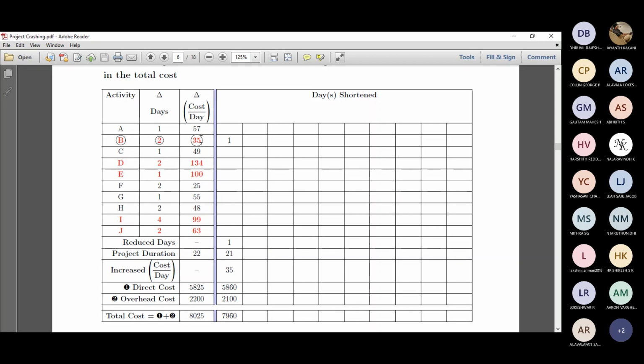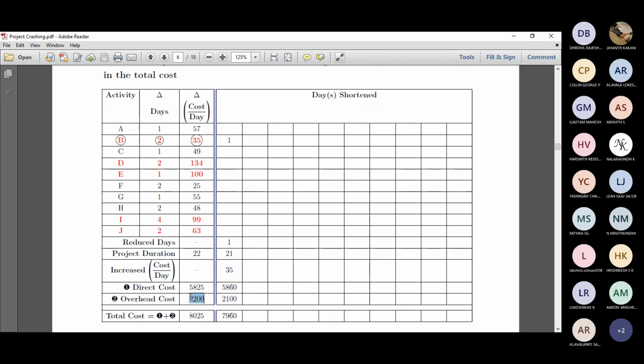Then the cost slope, the increased cost per day of reduction, is 35. So the direct cost gets increased: we add 5825 plus 35, which becomes 5860.